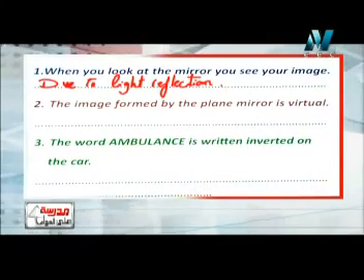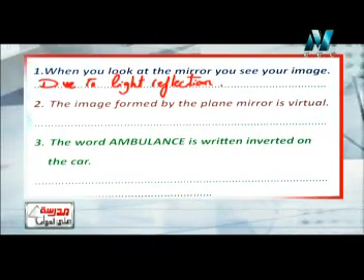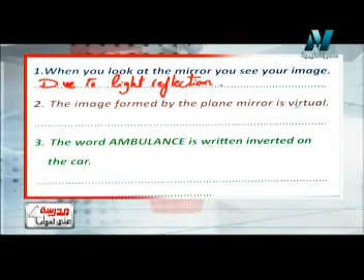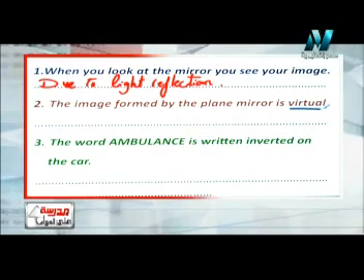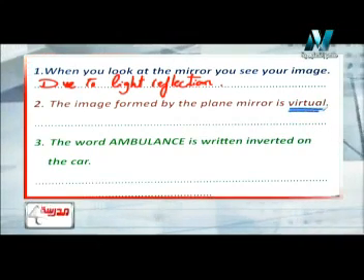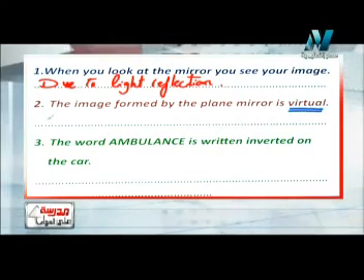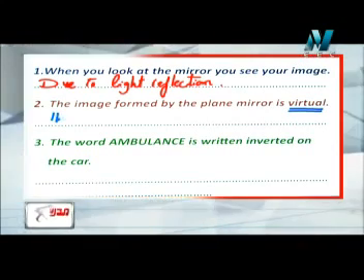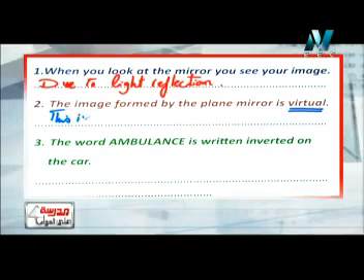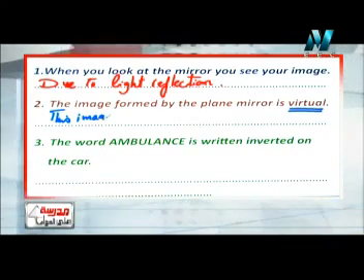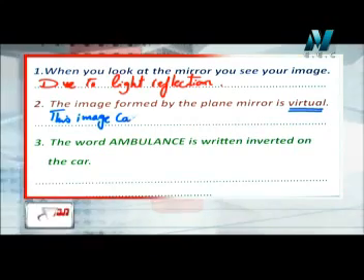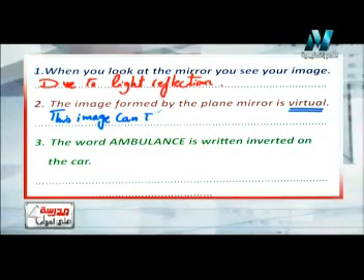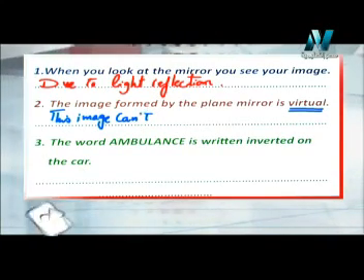Number two, we have another question here: the image formed by the plane mirror is virtual. What does virtual mean? We answer that this image can't be received on the screen.